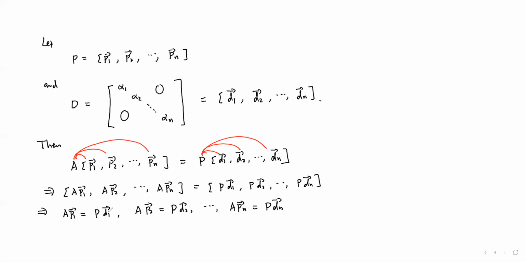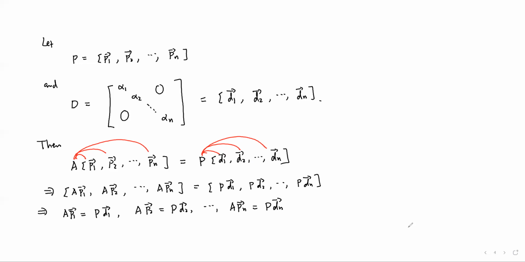Now take a look in detail at each of these n equations. For example, the first equation: A times P1 is equal to P times D1.